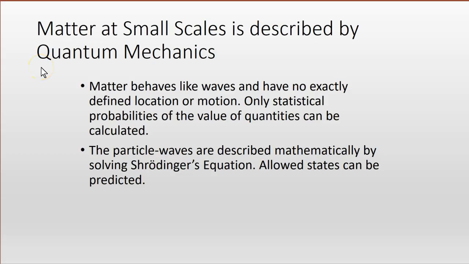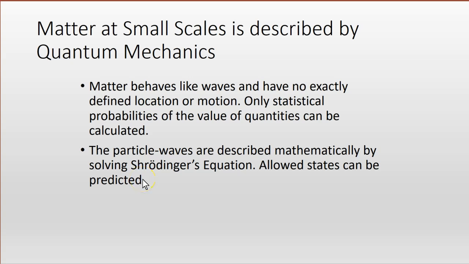In the early 20th century, quantum mechanics was developed. Quantum mechanics tells us that on small scales, matter behaves as waves and has no exactly defined location or motion. We can only calculate probability density functions of where the particle is located.